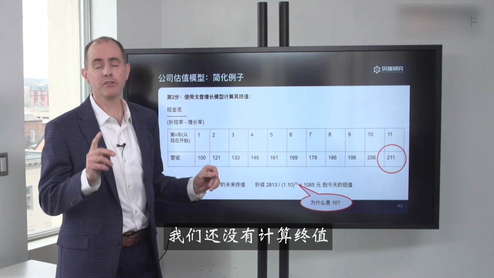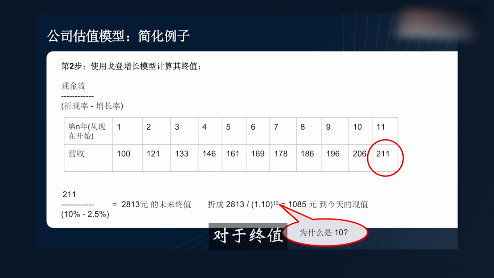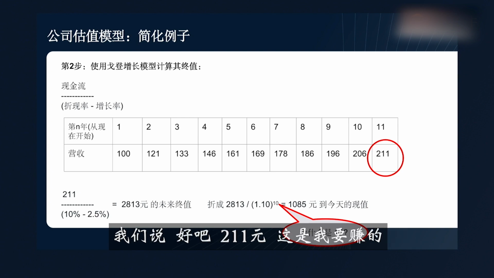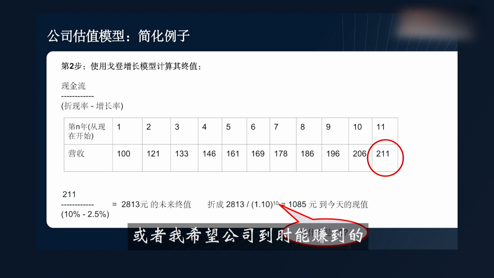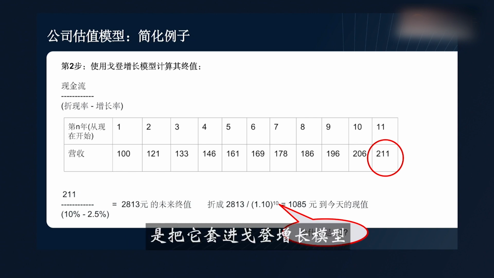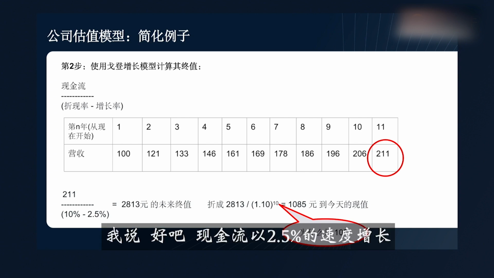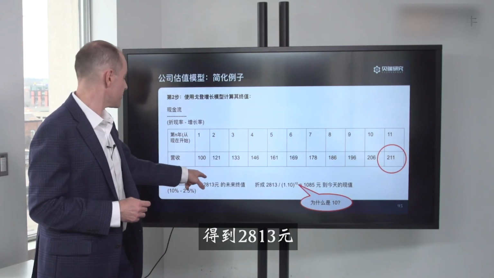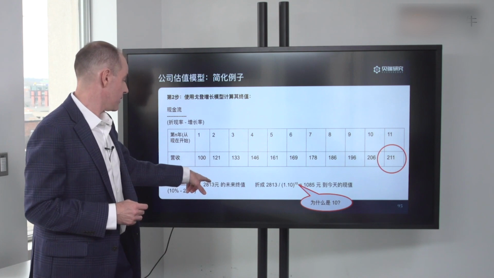We haven't done terminal value yet. So for terminal value, remember we did the first 10 years, we'll go to year 11. We say, all right, 211 RMB. That's what I expect the company to earn then. First thing I do is I plug that into the Gordon growth model, and I say, all right, well, cash flow growing at 2.5% with a 10% discount rate is worth 2,813 yuan.